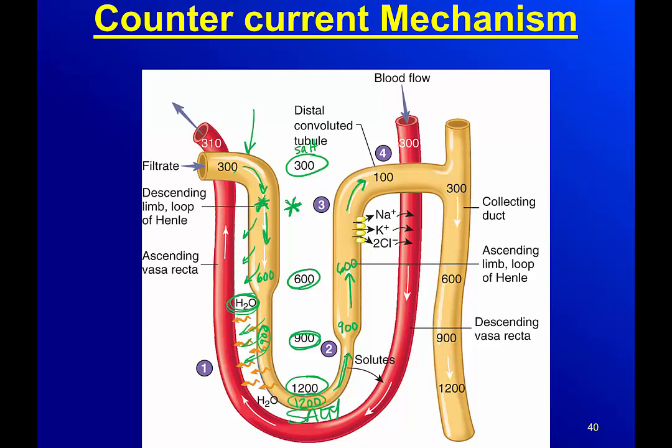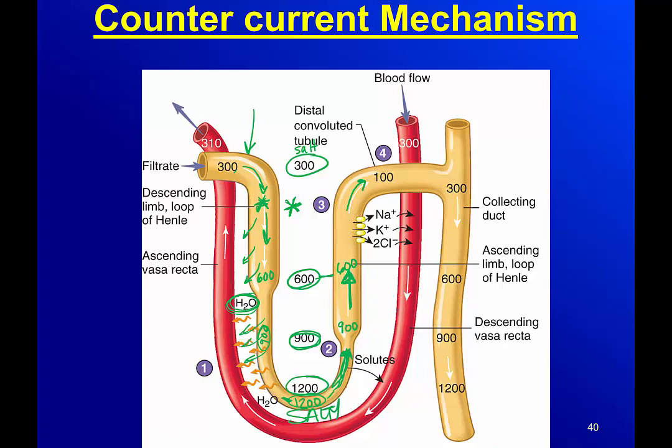Now, when I come up from this, I want it to be equal, right? Well, now I've got a whole ton of salt in here, but this is impermeable. No water is allowed to exit, right? So how do I make it less salty? I get rid of the salt.